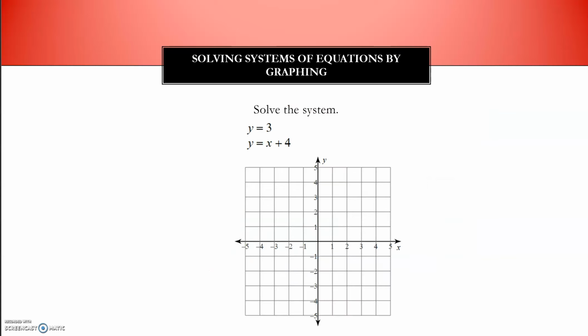All right. So the easiest system to graph is similar to the first system we saw in the last video. I give you one of the variables. I tell you the value of y is 3. Now remember, we are going to graph this. If you have a y equals, that is a horizontal line. Why?